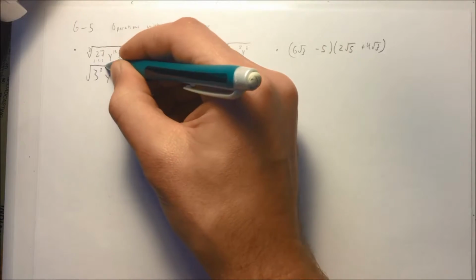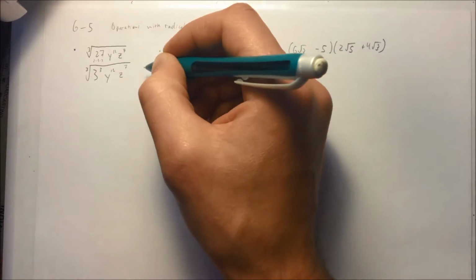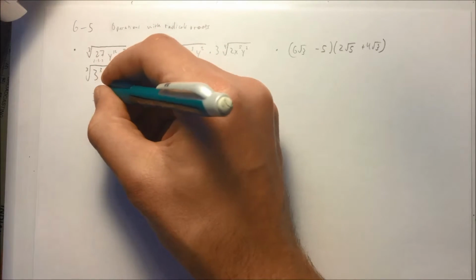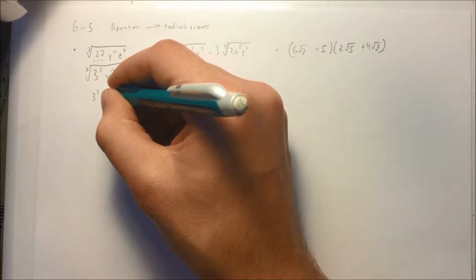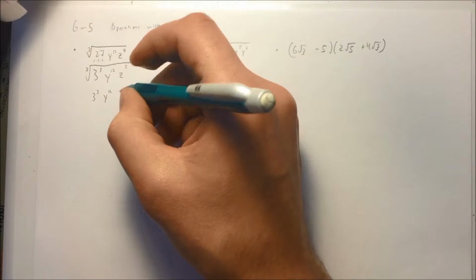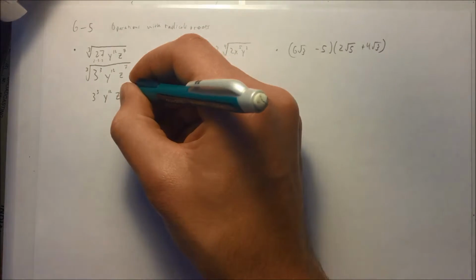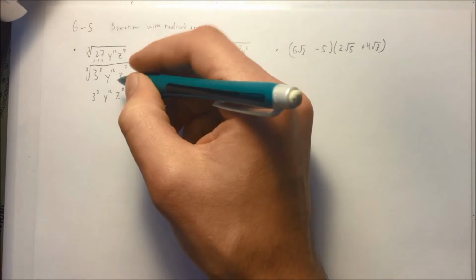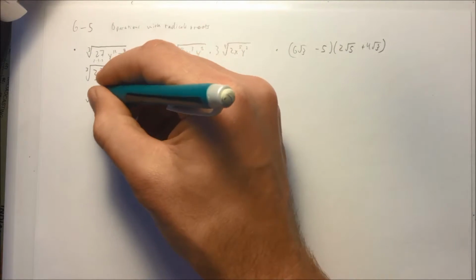And I've got to take the cubic root of this. Now actually, I'm going to rewrite this again: 3 to the 3rd, y to the 12th, z to the 6th, times z. I did this for a specific reason that I'll show you here in just a moment.